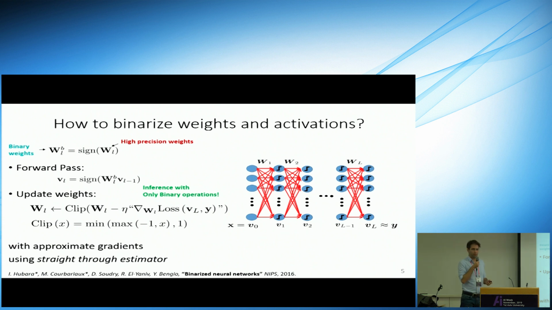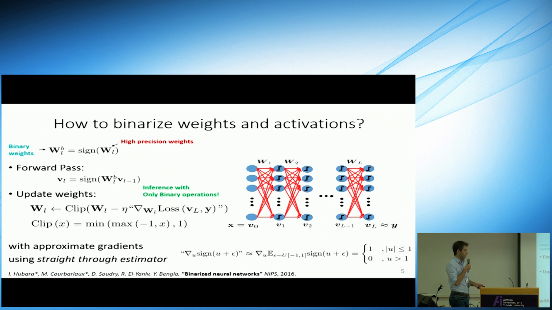So we had some approximation of this. The intuition here was that to take the gradient of this sign function, we just add some noise, and then we take the gradient with respect to the expectation of the sign with this noise. This is a uniform noise, so you can get some expression which gives you the derivative of a sign function.